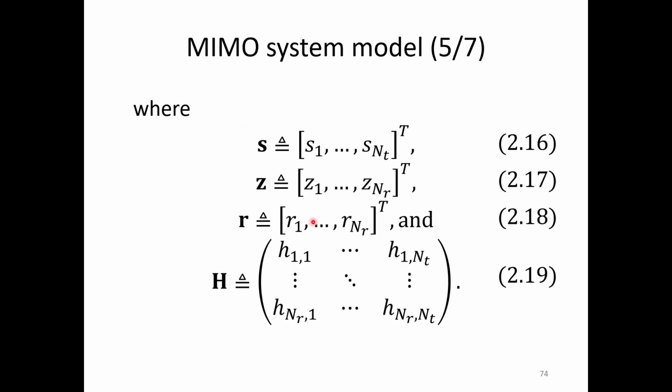For example, here S is an Nt by 1 vector, Z is an Nr by 1 vector, and R is an Nr by 1 vector. And please note that H is an Nr by Nt matrix. Please note that H is not an Nt by Nr matrix.